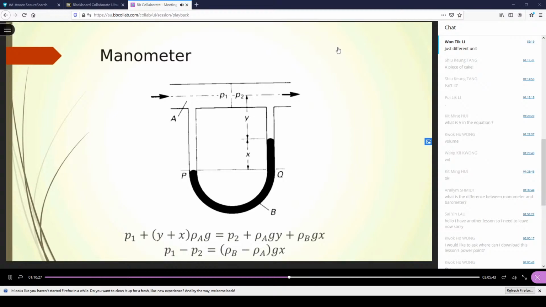The hydrostatic equation is very important in measurement. Later on, Professor Yang will tell you about this, and I will also tell you about this because it is so important.